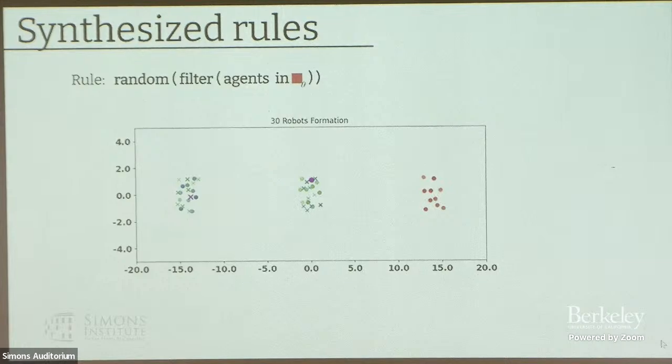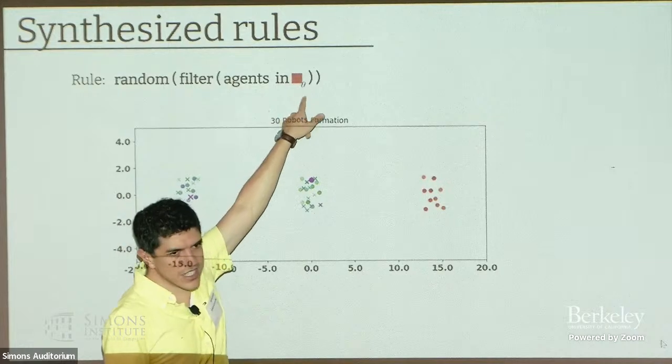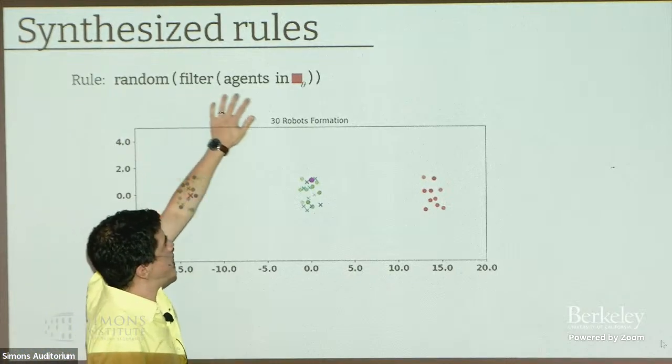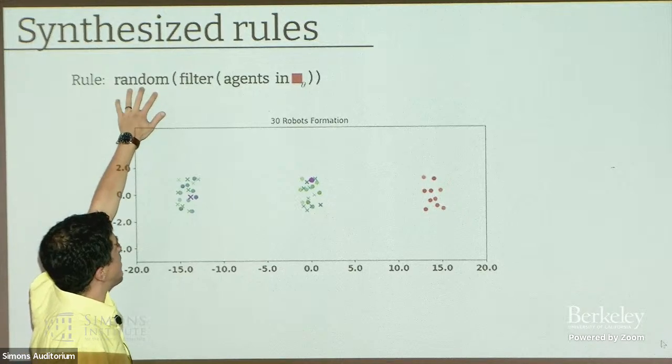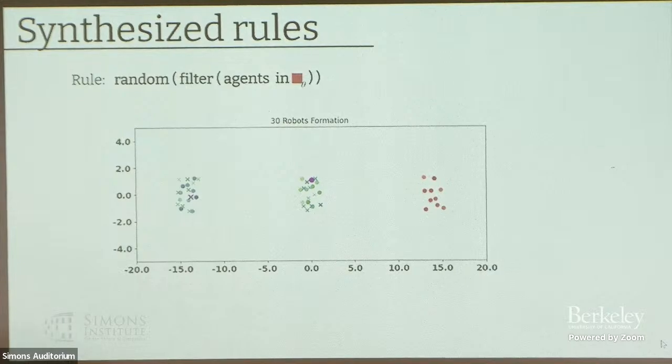The language is actually quite simple. It has a small number of primitives that allow you to first define regions, and these regions are parametric. They're essentially represented as polynomials. Then you can filter for agents in that region, and you can select randomly from the agents that passed the filter.